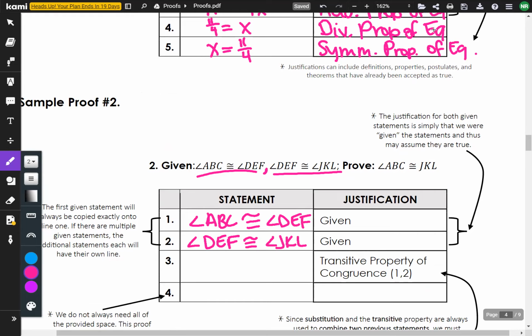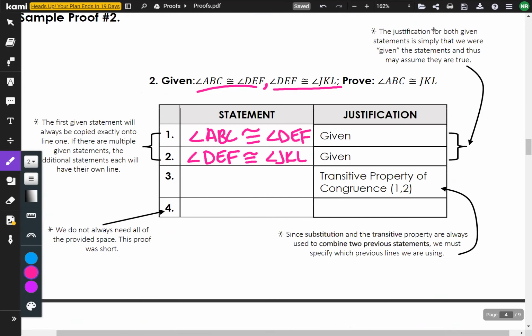Now, when you're combining 2 statements, remember you use either the transitive or substitution. But what is the biggest difference between substitution and transitive? Substitution uses only a part of the equation or congruent statement versus the whole side. So with 1 and 2, what do we have in common?